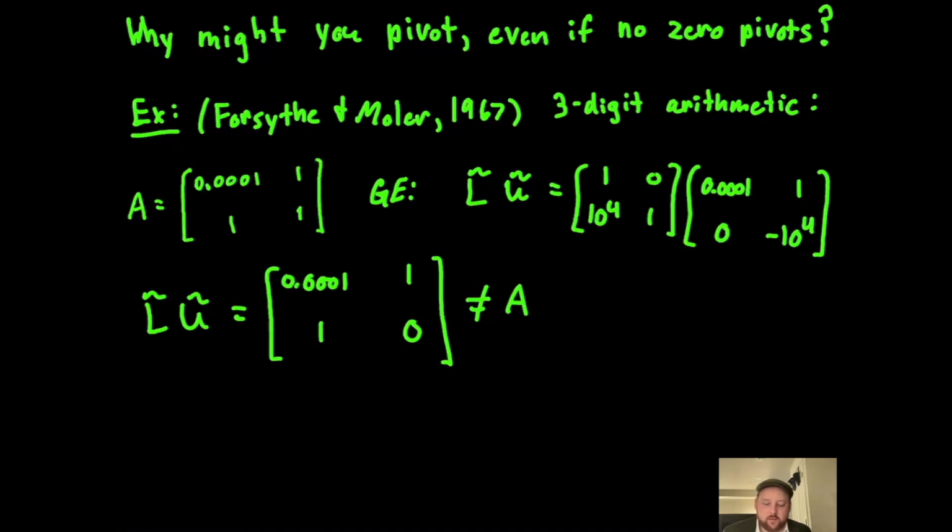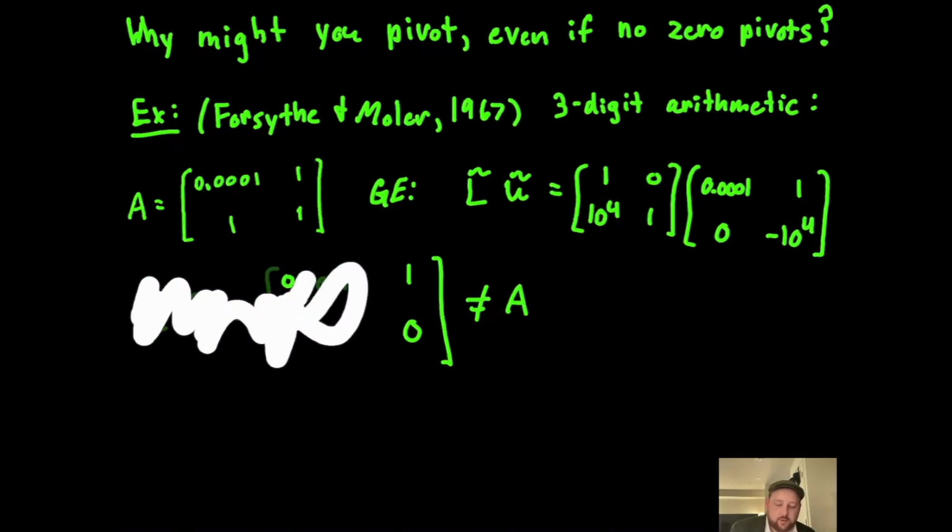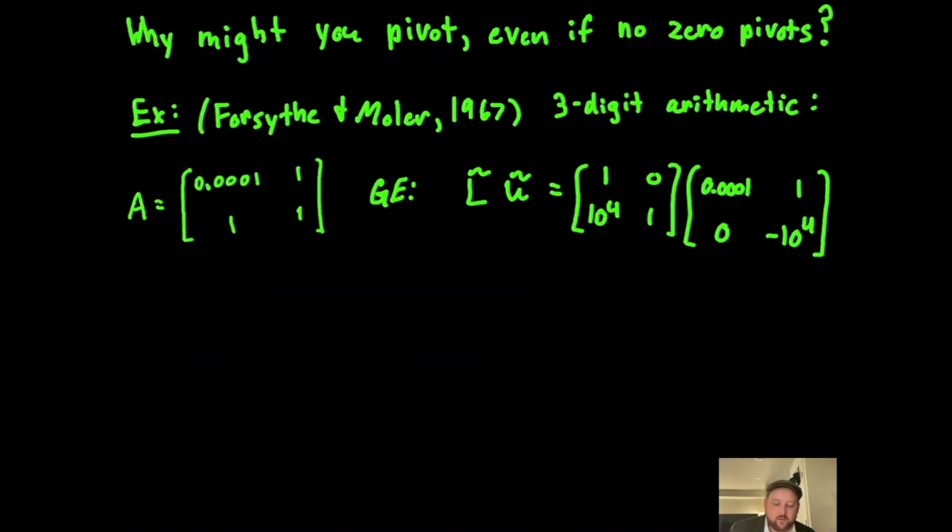And so we might think about, okay, why did this happen? Well, it's because when we look at A, the very first pivot, or really the only pivot that we care about, was very small, right? And so let's kind of play a new game. Instead of doing Gaussian elimination, we're going to do Gaussian elimination with pivoting, where before we actually do the LU factorization, we're going to interchange the first and the second row.